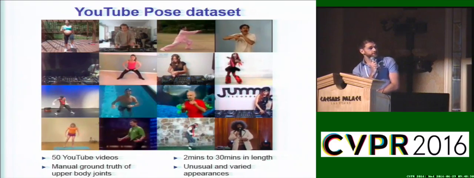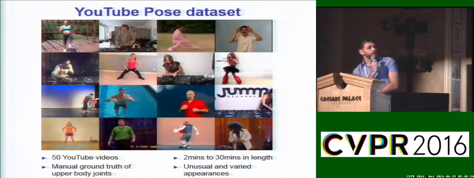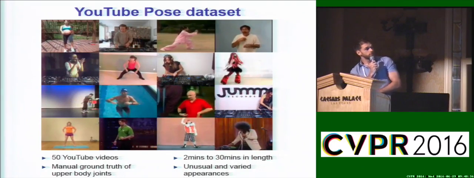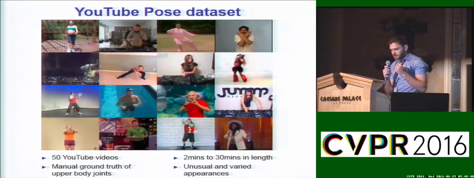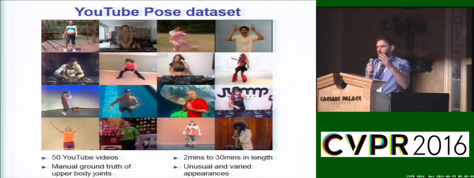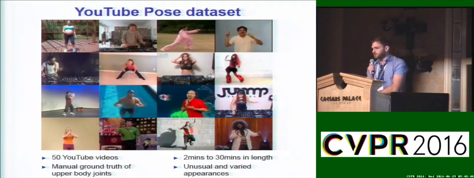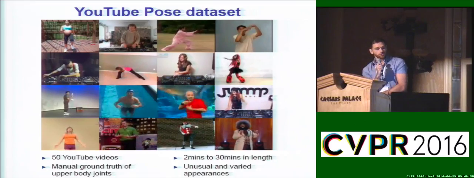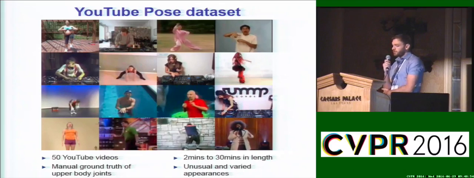We've got dancers, how to dance, lots of how-to videos on how to juggle, DJs, exercise videos, lots of variety. They contain unusual and varied appearances which a generic convnet may find difficult. Each video is 2 minutes to 30 minutes in length, and 100 frames from each video have been manually ground truthed with the upper body pose.